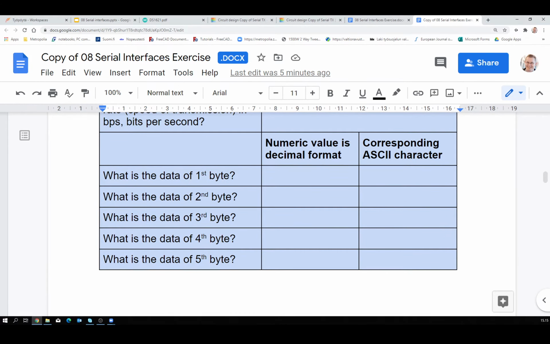Then the numeric value in decimal format. What number the first, second, third, fourth and fifth byte actually are. And then the corresponding ASCII characters.